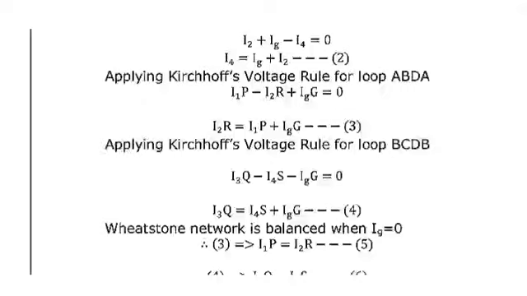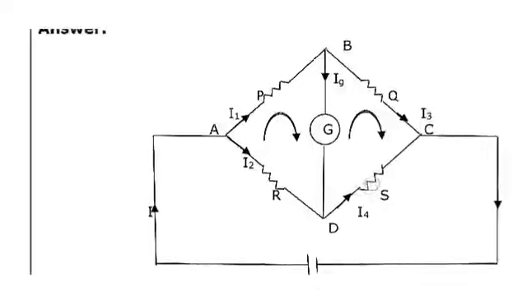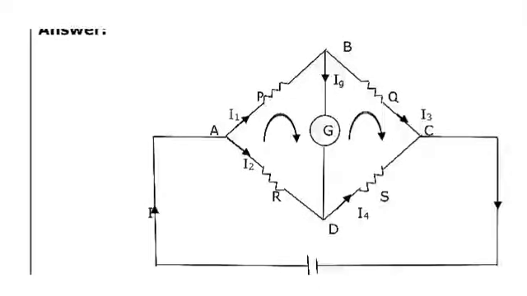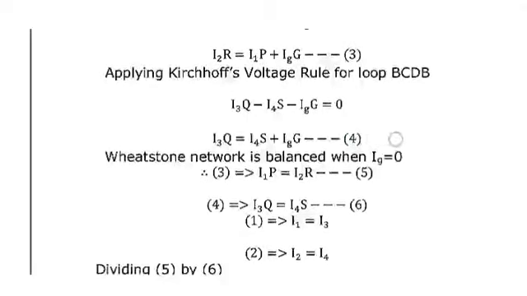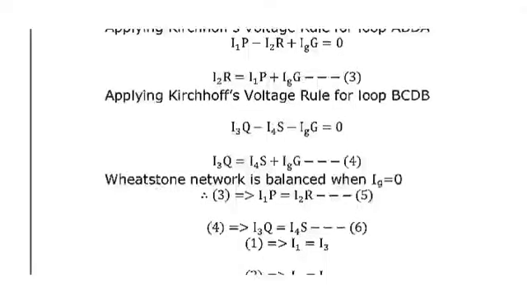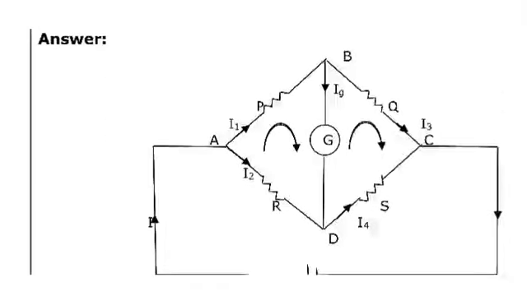Similarly, Kirchhoff's voltage rule for loop BCDB. In BCDB, from B to C, current entering, that is we have current value I3 and resistance value Q. So plus I3Q.